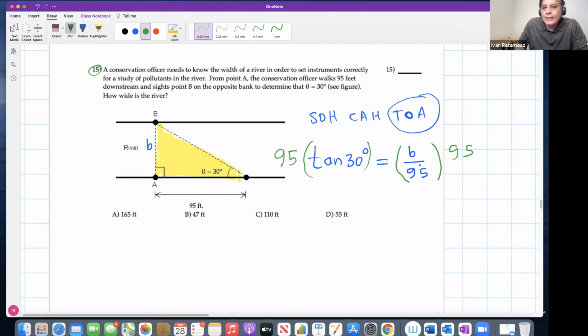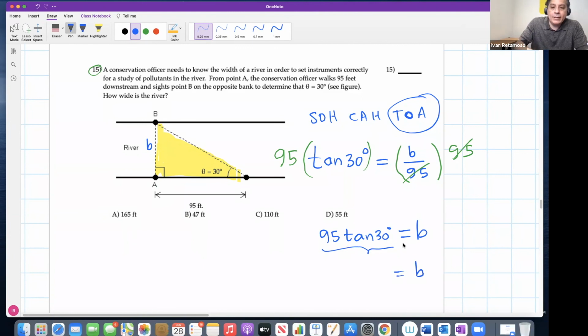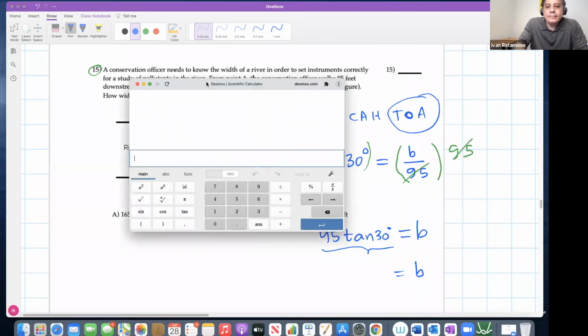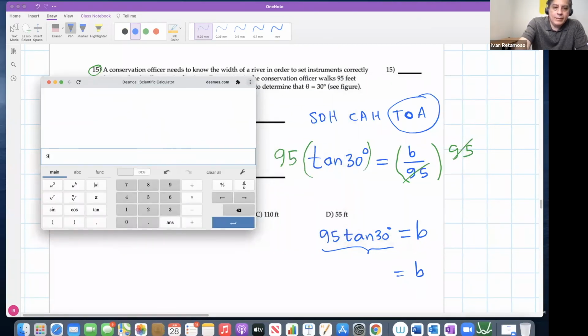So here we get that B, what we are looking for, should be equal to 95 multiplied by the tangent of 30 degrees. We want this as a number, so let's just put it in our calculator and round it if needed.